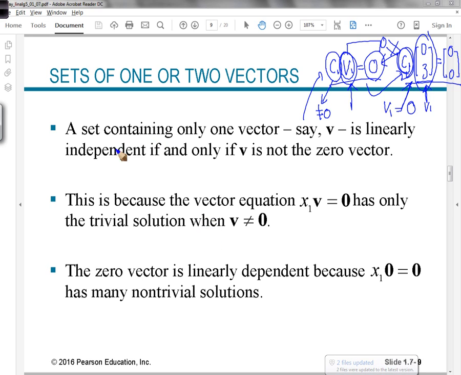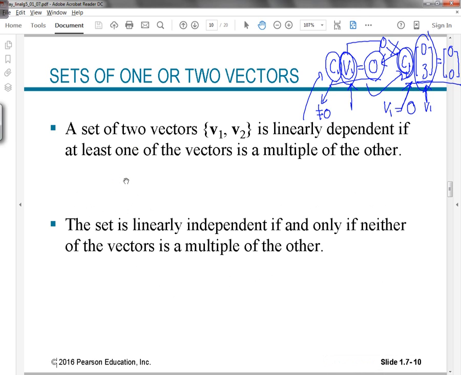Okay, so that is about these 3 bullets. Let's think about the second case, where we have only two vectors in our set. If we see a 0 vector between these two, we can immediately say this set is linearly dependent, since we already learned that a 0 vector makes the whole set linearly dependent.